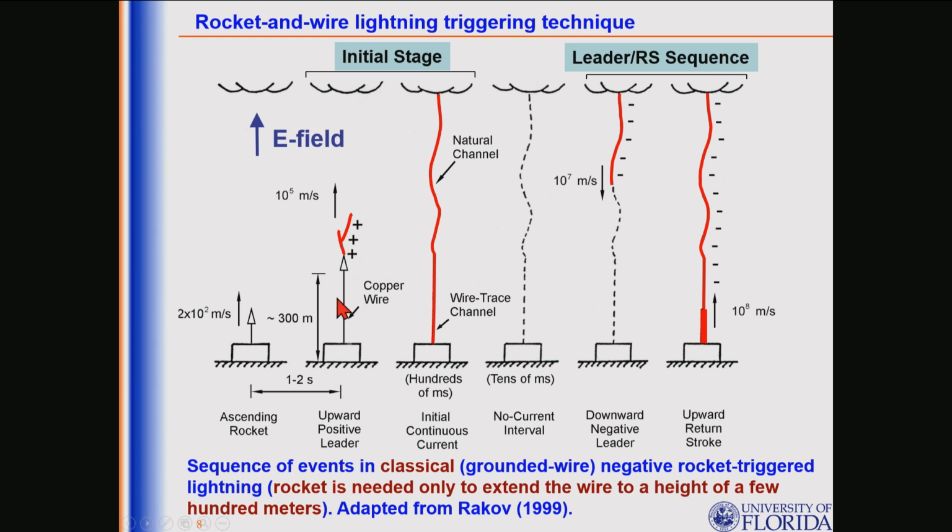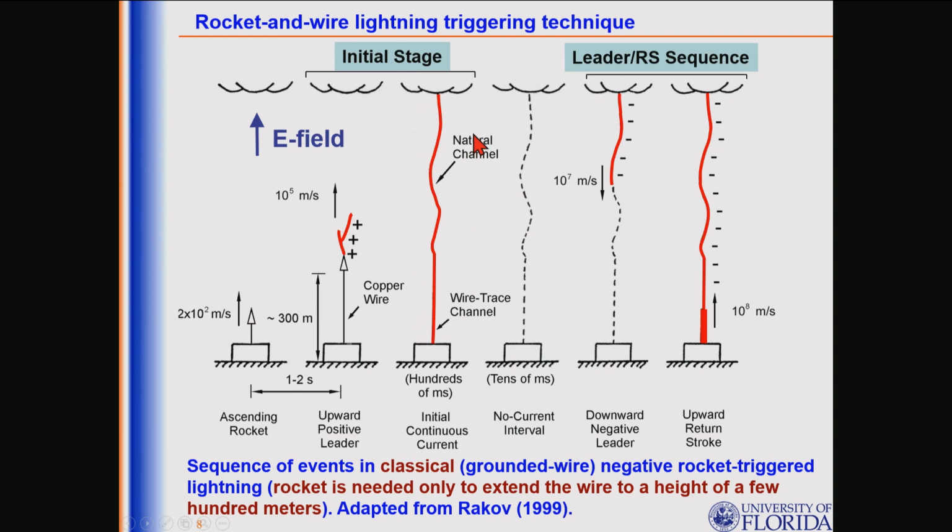This gap is rapidly replaced by a plasma channel, as shown here. Actually, there will be a descending negative leader that makes this happen. The upward positive leader will continue to propagate into the cloud and is apparently heavily branched inside the cloud.